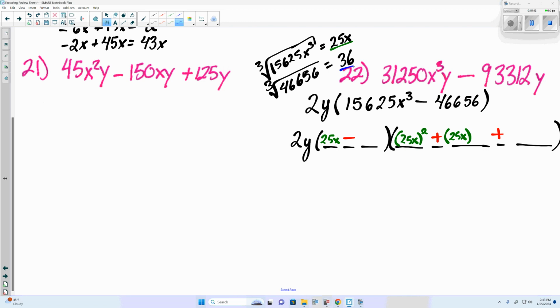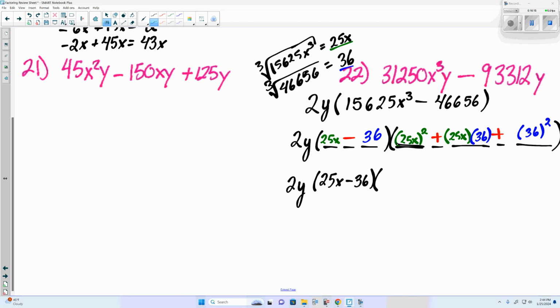The other spot is 36. We're not going to have anything with our 25x squared, but in the middle, we would have 36 to the first, and in the last one, we would have 36 squared. So our 2y and our 25x minus 36 would stay the same.